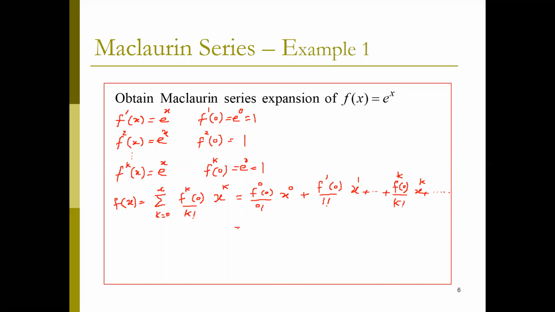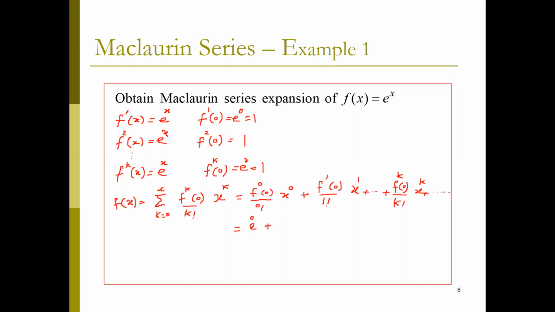So what is the value of f(0)? It is the function itself, e raised to the power 0, x raised to the power 0 becomes 1, and 0 factorial becomes 1. So f(0) means the actual function value.